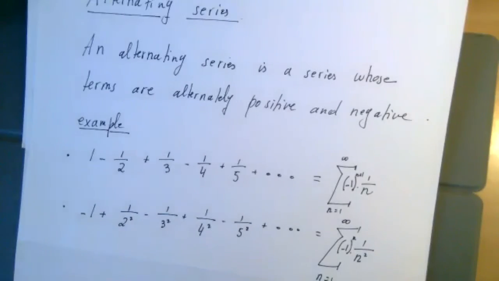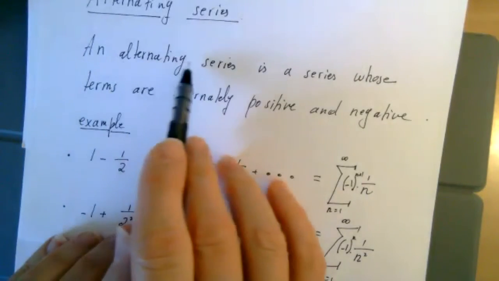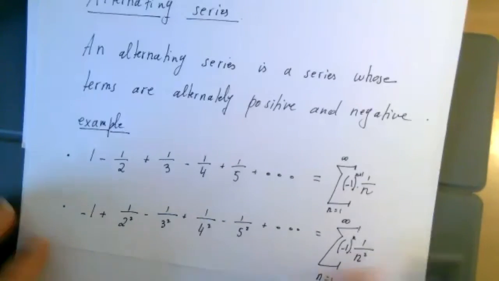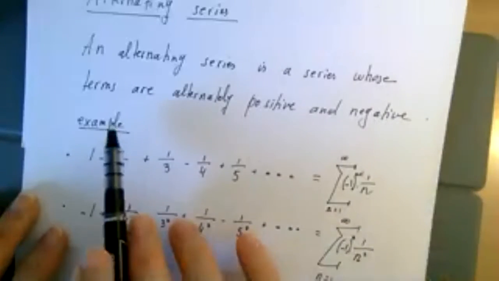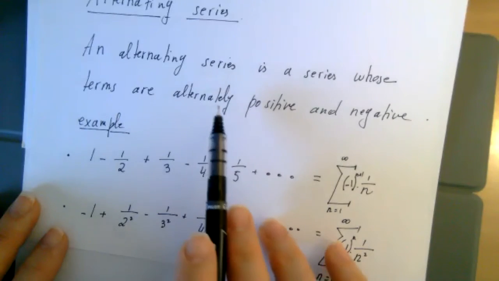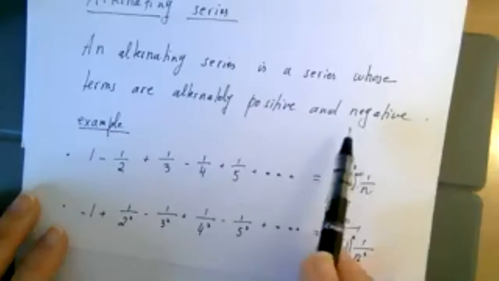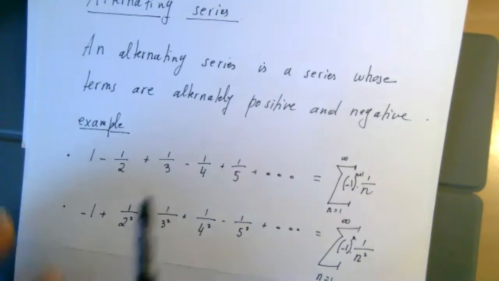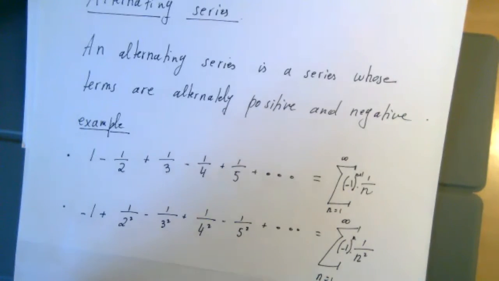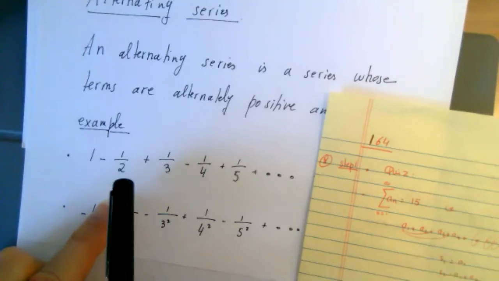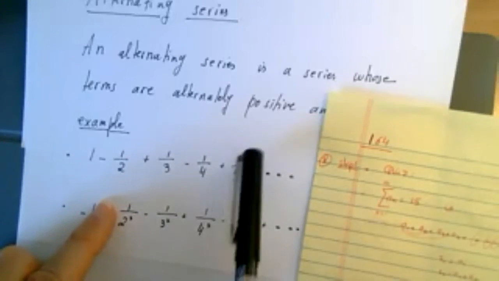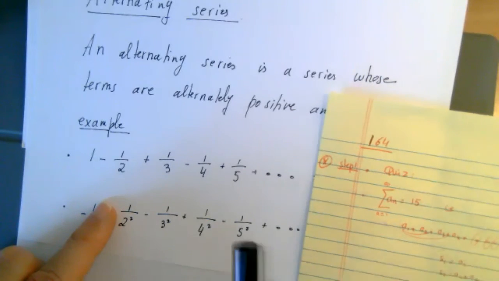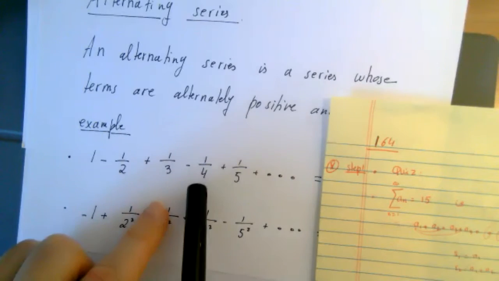What's an alternating series? As the word suggests, an alternating series is a series whose terms are alternately positive and negative. Very specific format. For example, 1 minus a half plus a third minus a fourth plus a fifth, etc. As you realize, the terms are positive, negative, positive, negative.